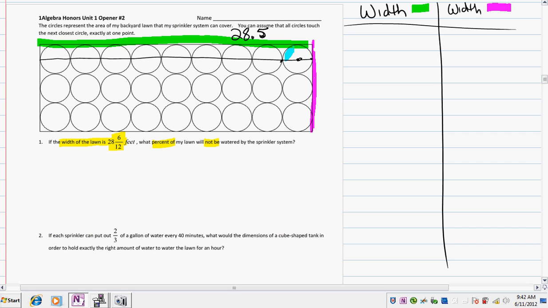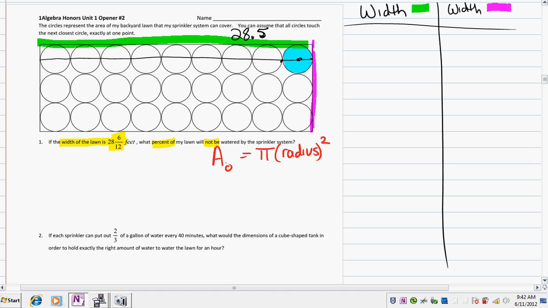The way we find the area of a circle is pi times radius squared, or times itself. And the radius is just half the diameter.